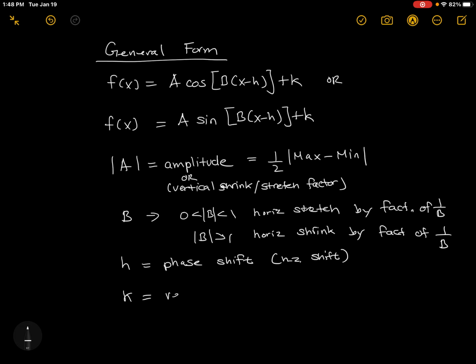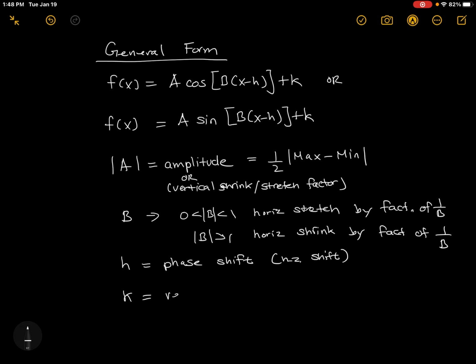But your k is also your midline. So your midline is actually equal to k, or in other words, y is equal to k. And the way you calculate your midline is 1/2 times max plus min. If I ask, what is the midline?